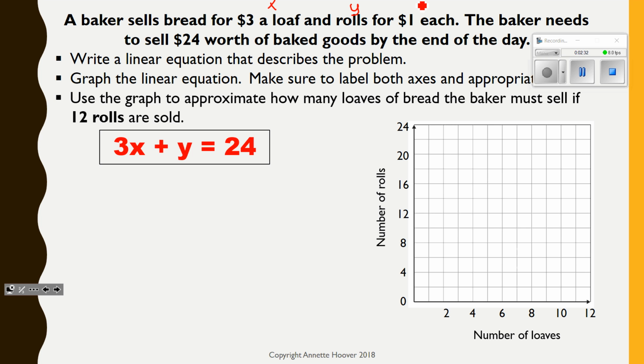Next, we're going to label our axes. We decided the number of loaves will be on the x-axis, and the number of rolls will be on the y-axis. Next, we need to graph it, so we're going to find our x- and y-intercepts. Remember, to find the y-intercept, we plug 0 into x, and when we do, this term essentially goes away, and y is just equal to 24.